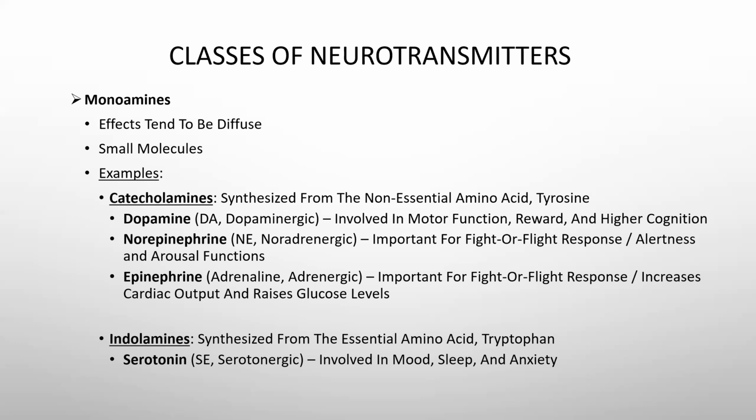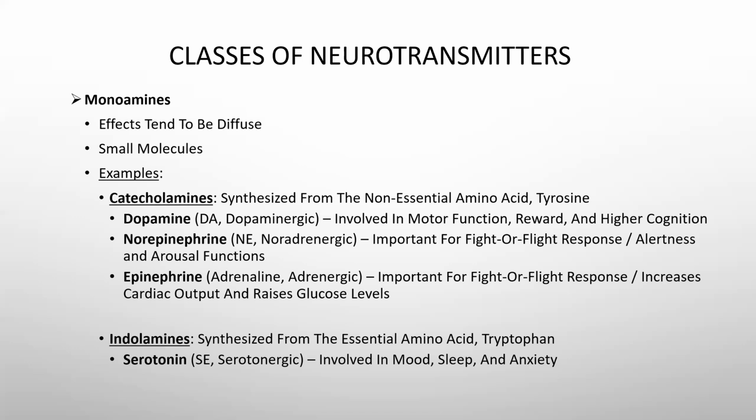Dopamine, the first one here, involved in motor function, reward, and higher cognition. We will talk a lot about dopamine. Norepinephrine, important for fight or flight response, also alertness and arousal functions. And then epinephrine, important for fight or flight response once again, and increases cardiac output and raises glucose levels.